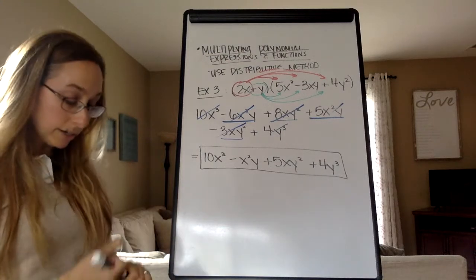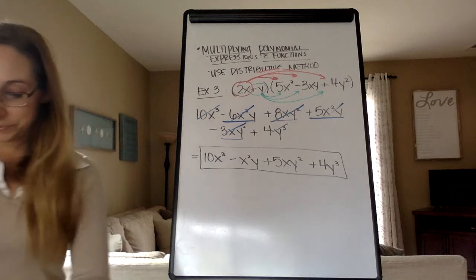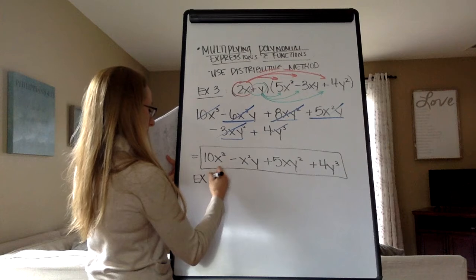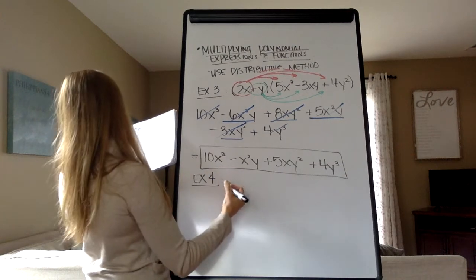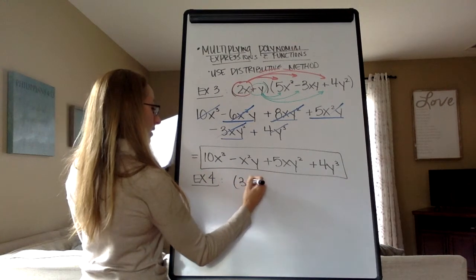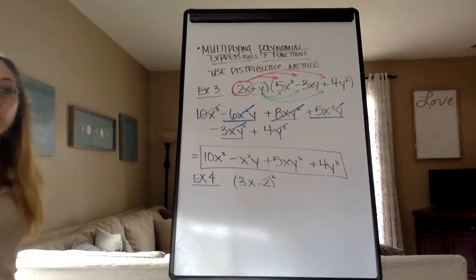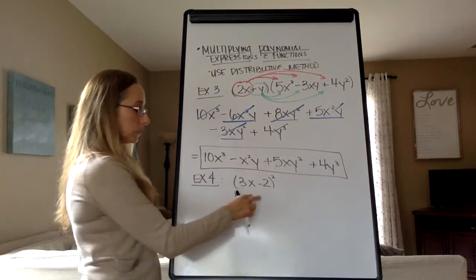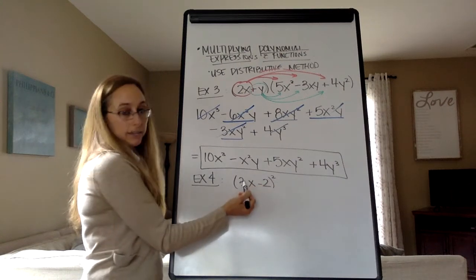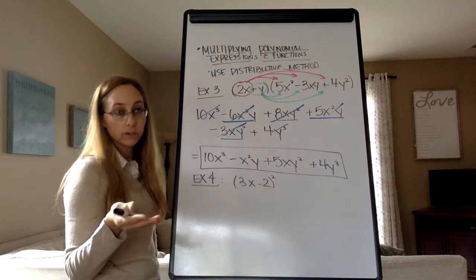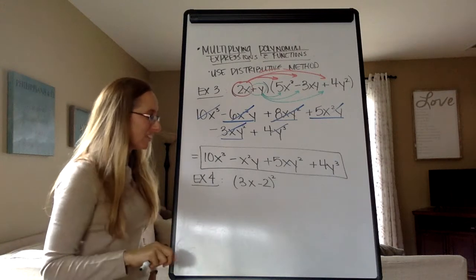All right, let's go ahead and look at another example. We have 3x minus 2 squared. Okay, so I know a lot of students like to distribute this 2 and apply it to the 3x and apply it to the 2, and they get 9x squared minus 4 or 9x squared plus 4, some variation of that.